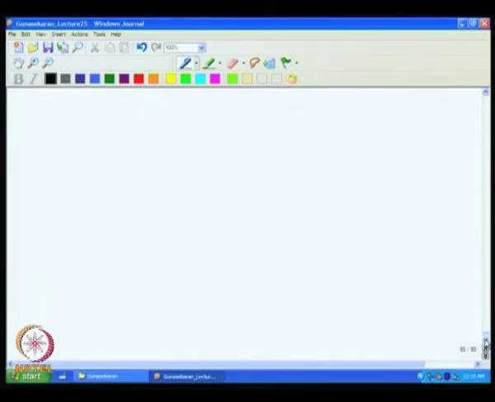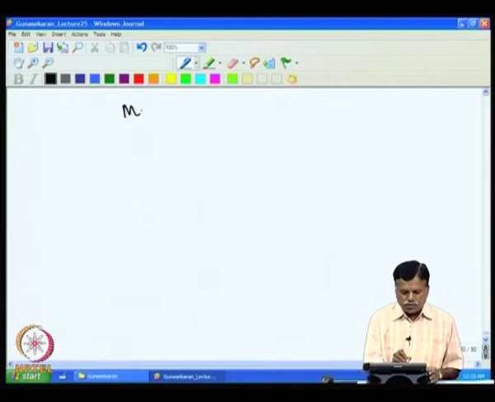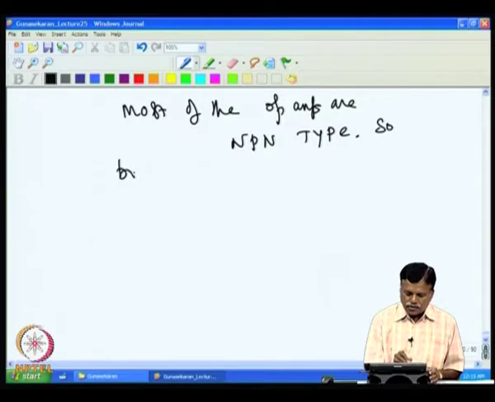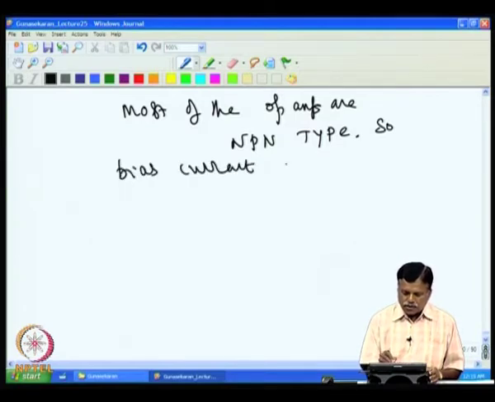In general, most of the op amps are NPN type, so bias current flows into the terminal.